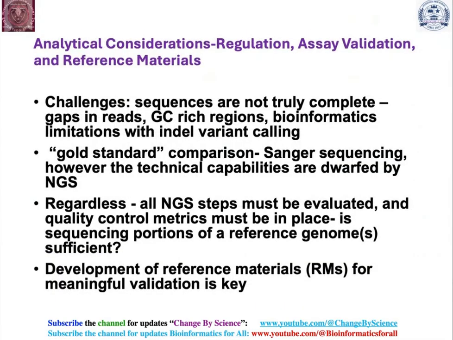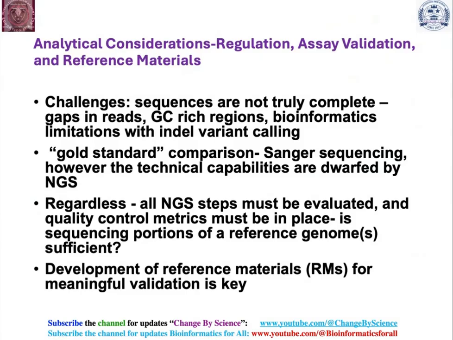Now, the challenges: sequences are not truly complete, with gaps in reads and GC rich regions, and bioinformatics limitations with indel variant calling persist. Gold standard comparisons are available, so you need to go for some older experimental approaches which can easily benchmark the predictions from the NGS.